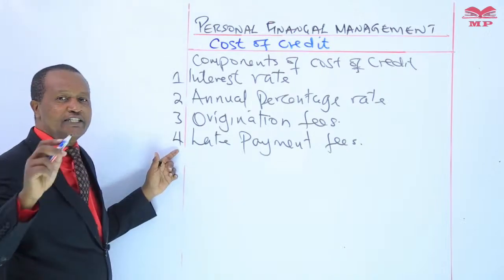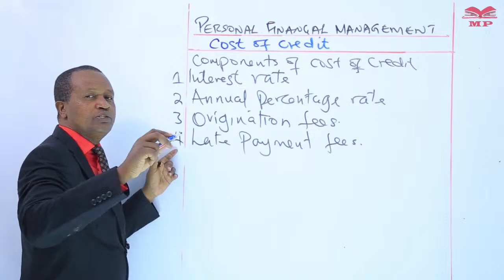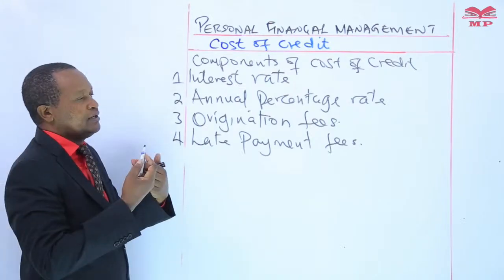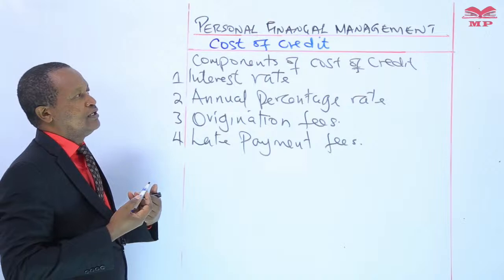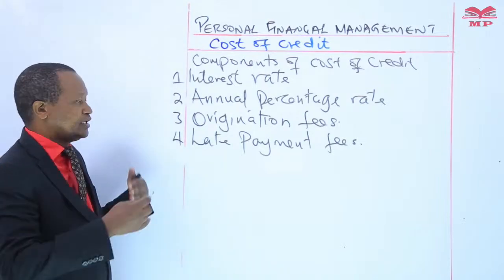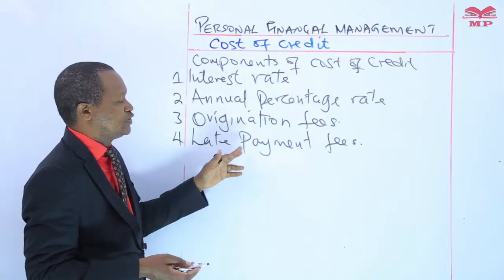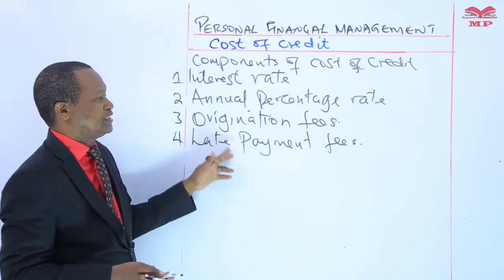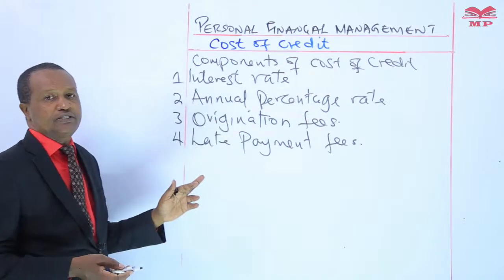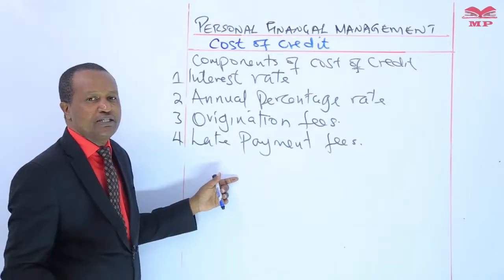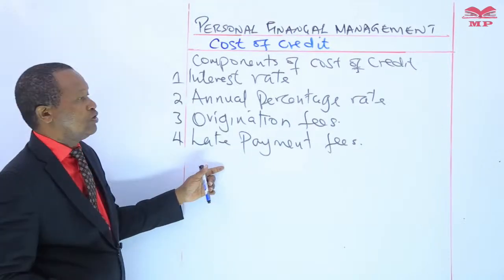They are charged if you fail to make your monthly payments or your annual payments, depending on the terms of the loan. If you fail to pay on time, then there may be late payment fees, and this can impact the credit score of the borrower.